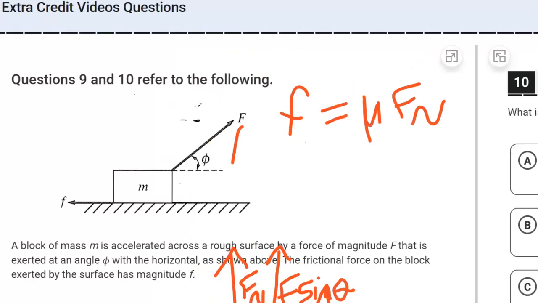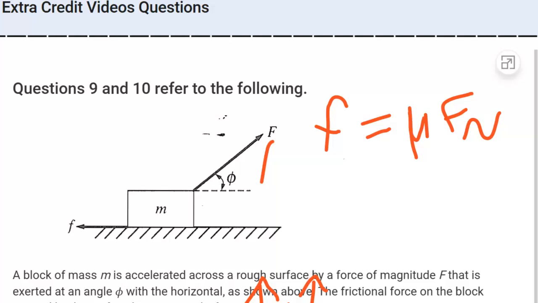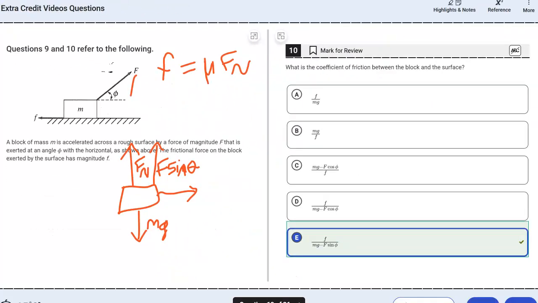So it'd be like that. And then for horizontal it'll be F cosine theta, because adjacent over hypotenuse times hypotenuse would just be adjacent. And then this way we just have F.